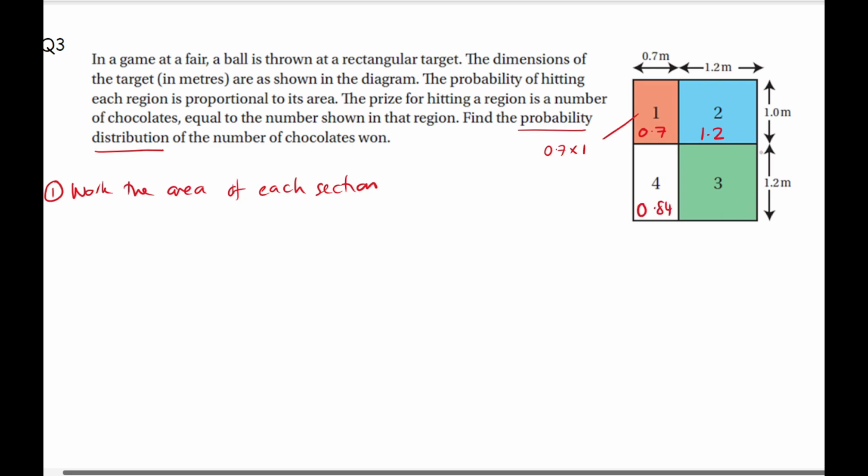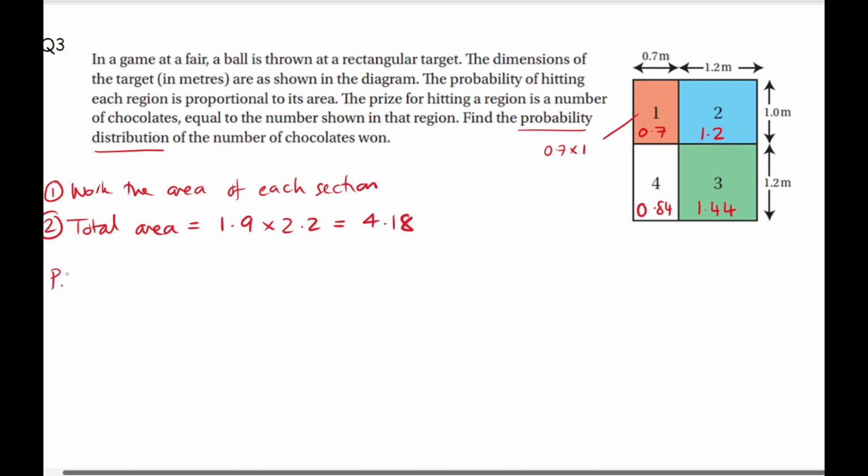And 1.2 times 1.2 is 1.44. And then what I need to do is work out the total area, which is going to be equal to 1.9 multiplied by 2.2, which gives me an answer of 4.18.